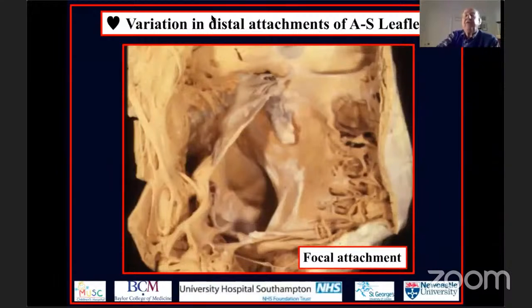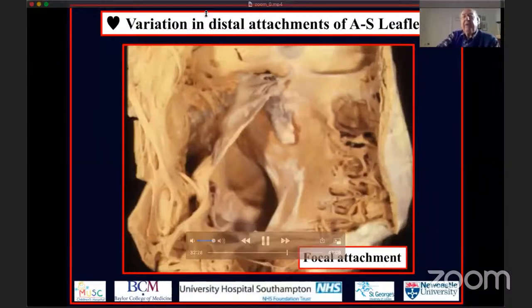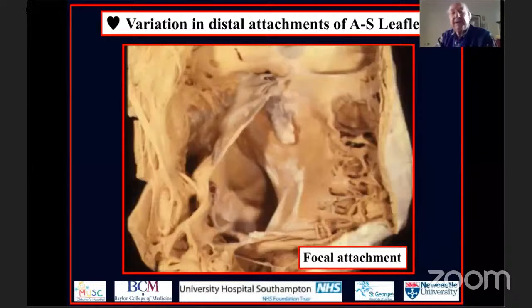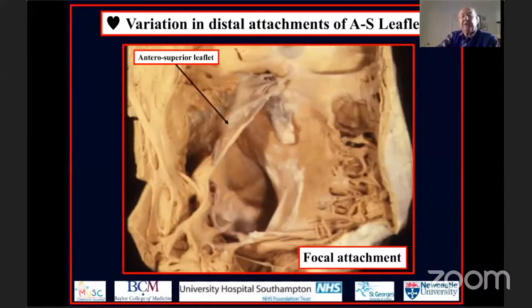And this is what I call focal attachment, because in these examples, the anterosuperior leaflet has retained its focal attachments towards the medial papillary muscle of the septum and the anterior papillary muscle at the apex of the right ventricle.